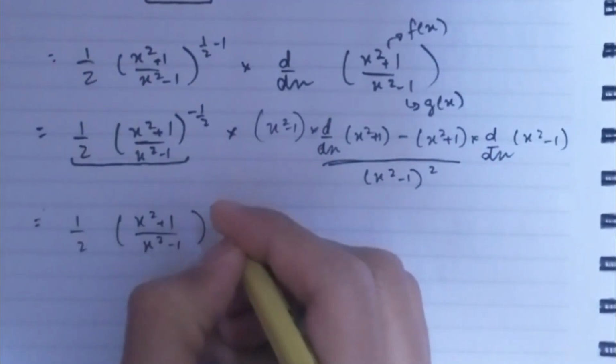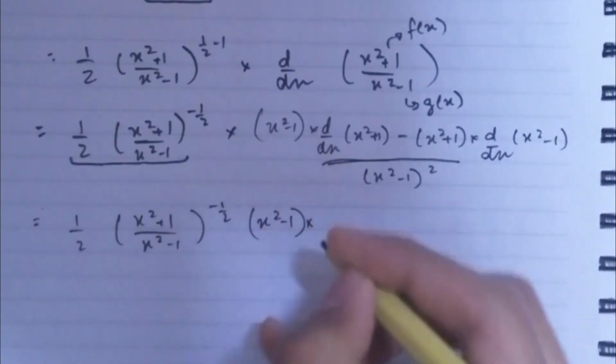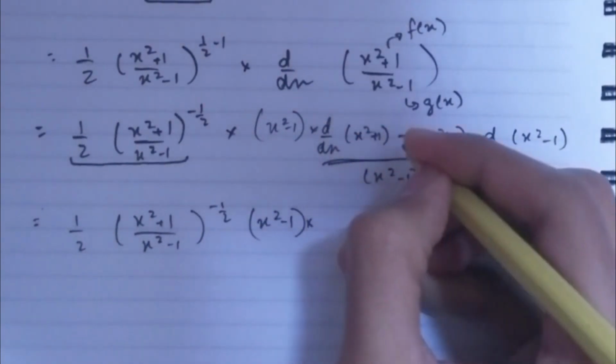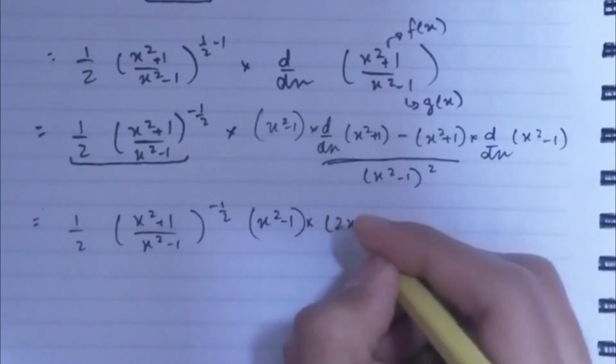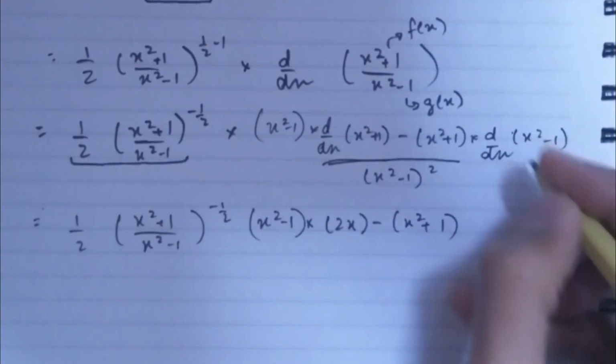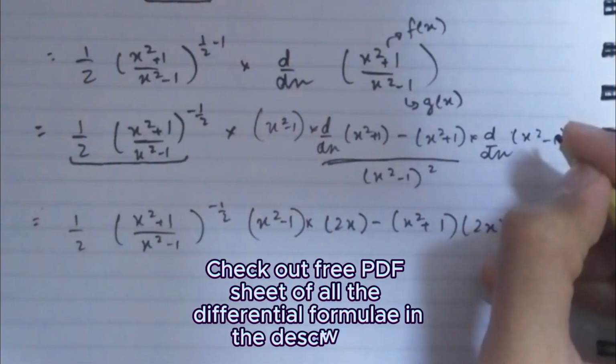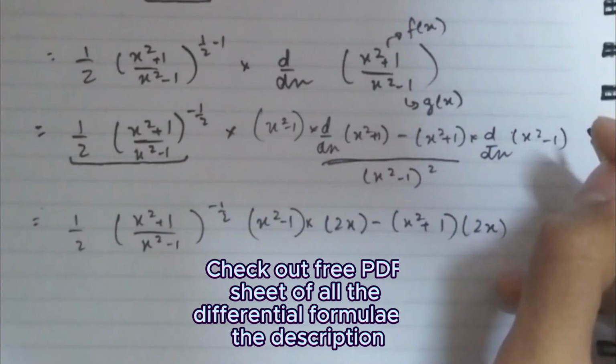Okay, negative 1 by 2. Now (x square minus 1) would be as it is, multiplied. What would be the derivative of (x square plus 1)? It would be 2x. Now the derivative of (x square minus 1) would again be 2x. Remember, the negative 1 is a constant, so the derivative of any constant is equal to 0.